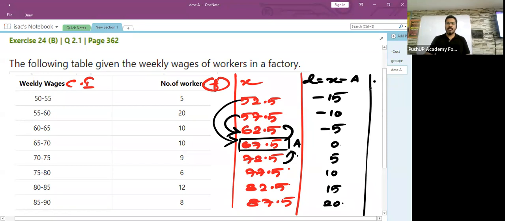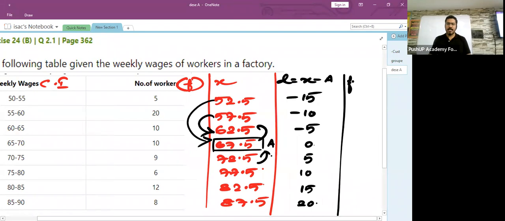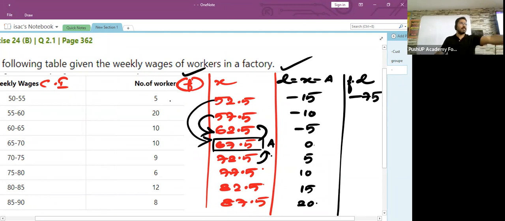All right. So the column of D is also ready. Now let's create the column for F into D. So these are the values of F and these are the values of D. Let's start multiplying. 5 into minus 15 is minus 75. 20 into minus 10 is minus 200. 10 into minus 5 is minus 50.